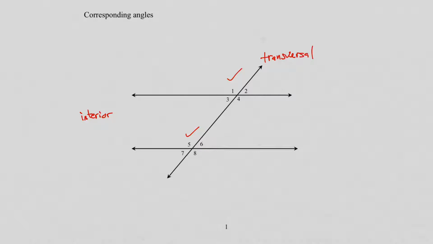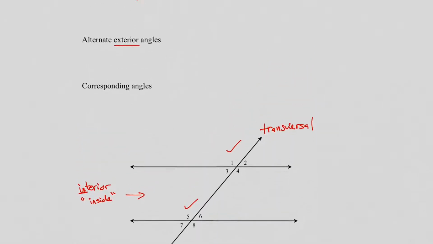So there's the word in, so this is going to be inside. That's in here. Okay, that's the interior angles. All the angles that are, so there's 4 angles in here. We have 3, 4, 5, and 6. Those 4 are interior. They're inside the parallel lines.